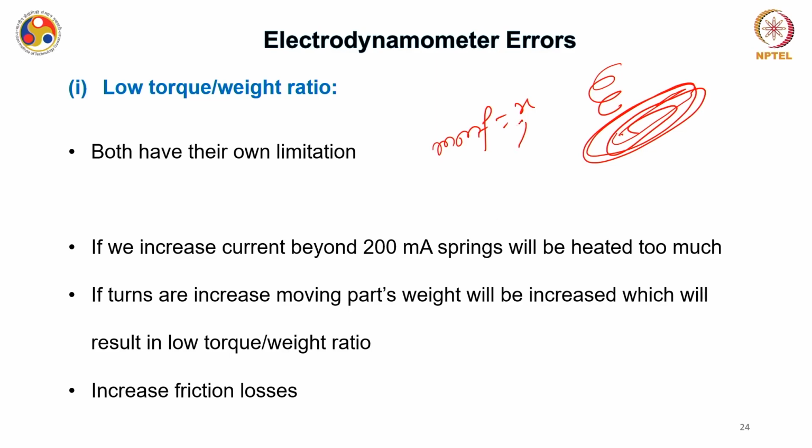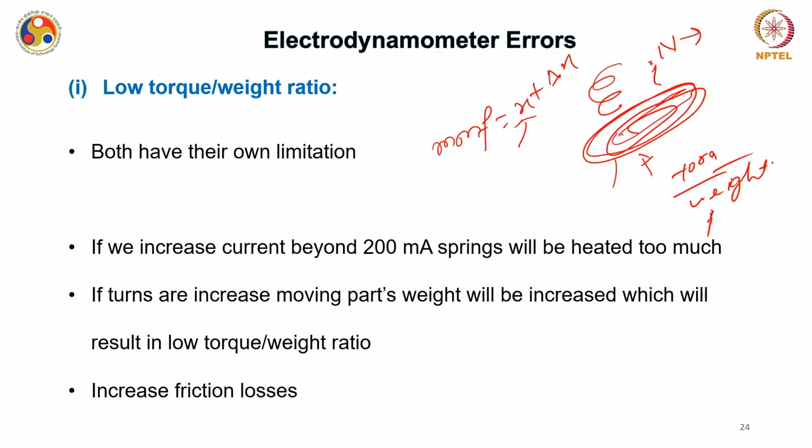Now to have an MMF value of X plus delta X, this n has to be significantly increased if you are not increasing the current beyond a certain value. So when you increase the number of turns, your moving part will be very heavy. When your moving part becomes very heavy, the torque to weight ratio of this system decreases, because the weight is increasing.